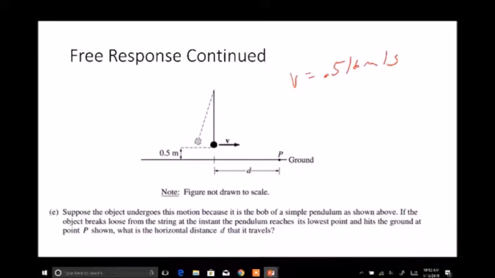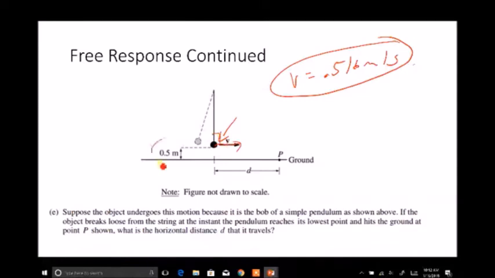All right, so to work this problem, first of all, we need to know the speed at this point. And we calculated in part D that the speed of the object when it reaches this point is about 0.516 meters per second. We rounded it off to 0.5 in part D. The string breaks, this object is going to start to move out at a right angle to the string.